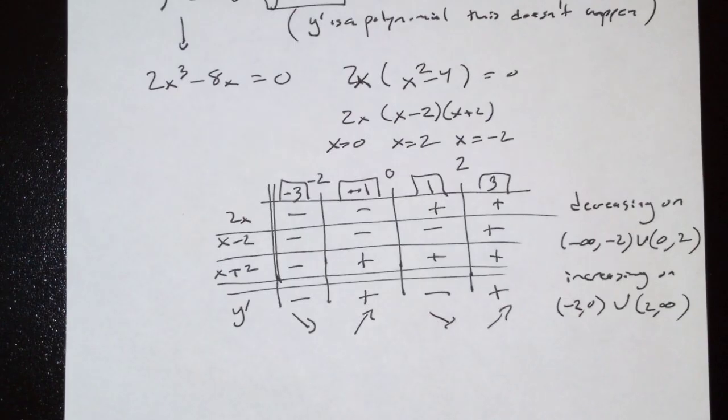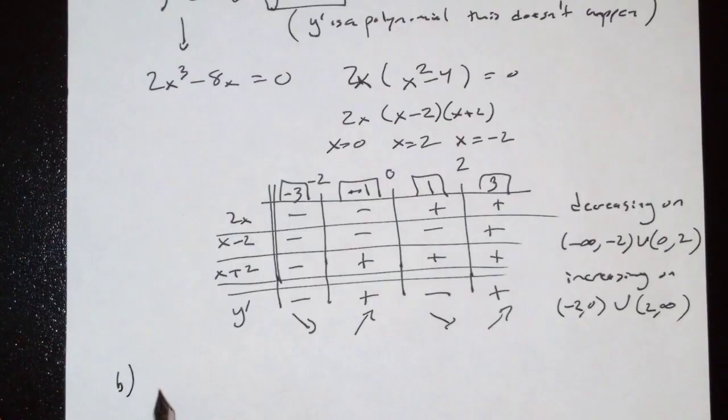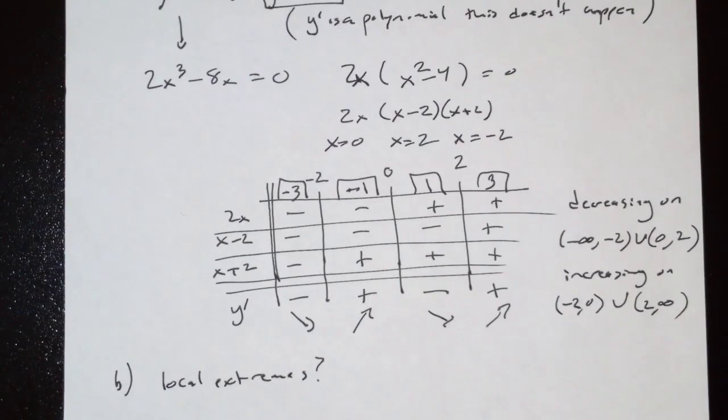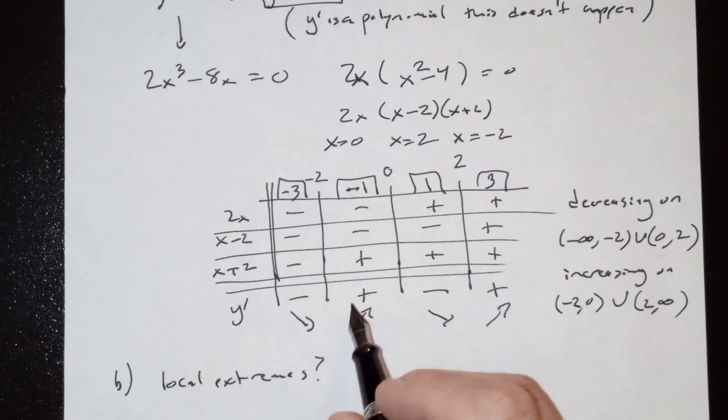Second part says, what are the extremes? But I can get that right from this chart, can't I? Down then up, I must have a minimum.